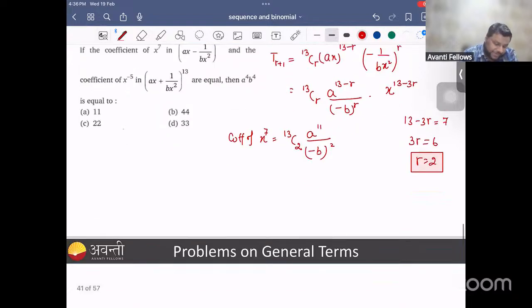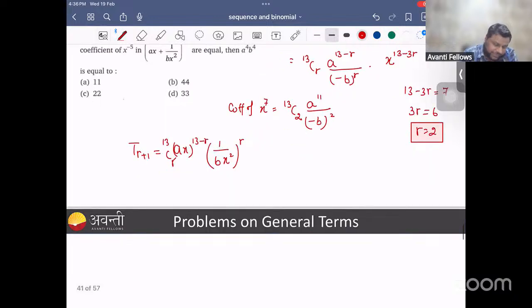Now come to second term. There the (r+1)th term is 13Cr (ax)^(13-r) and (1 upon bx^2)^r. So it is 13Cr a^(13-r) b^r into x^(13-3r).